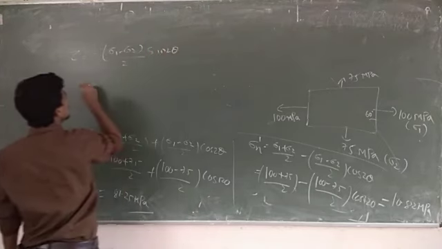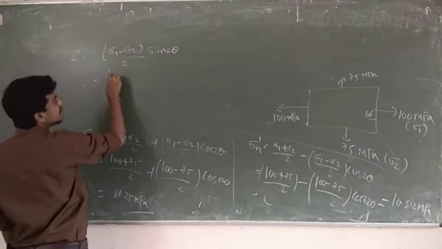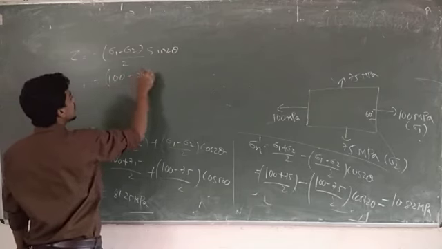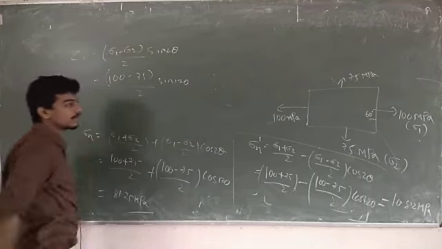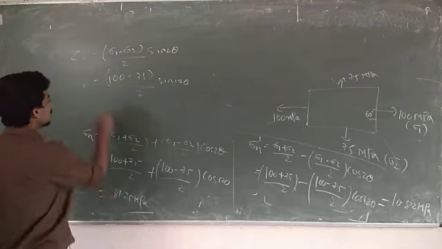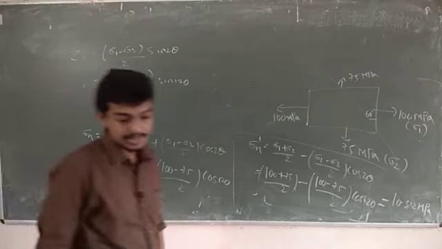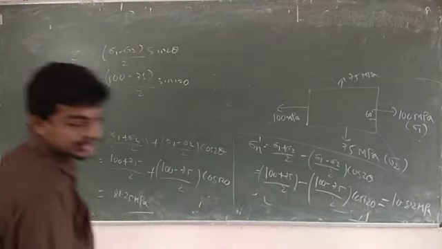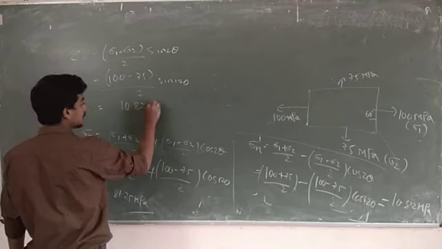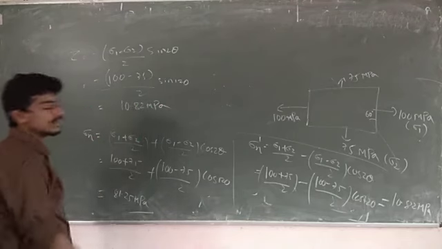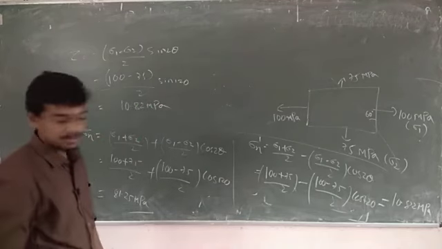Put all the values: minus 100 minus 75 by 2 sin 120. After putting in these values, this comes around 10.82 megapascal. Clear?